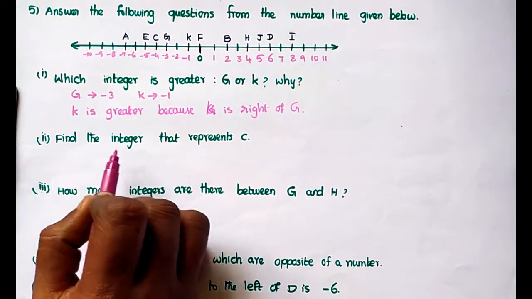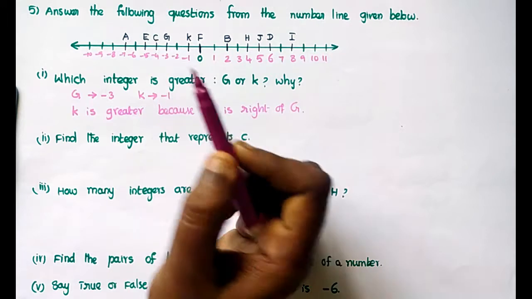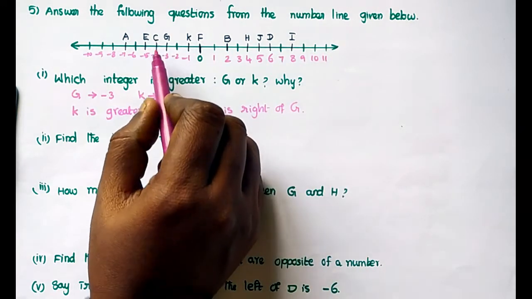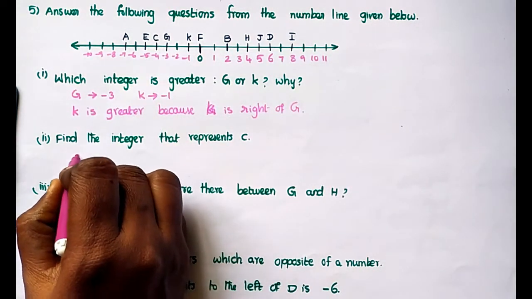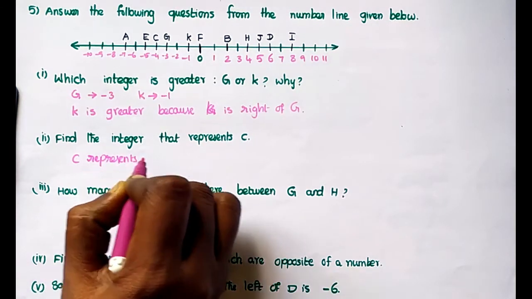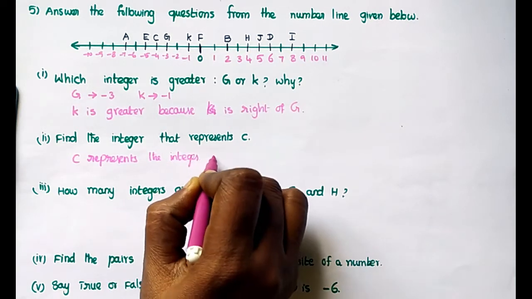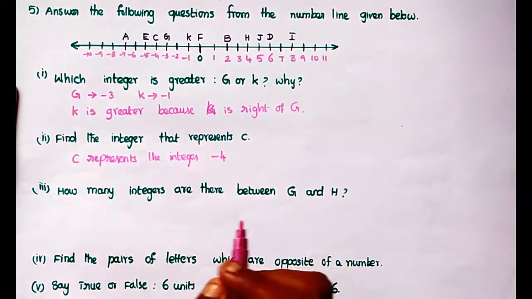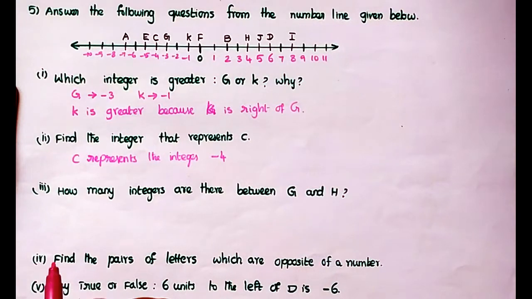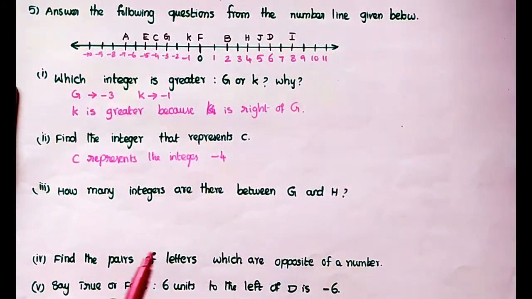Next one, find the integer that represents C. Which integer represents C? That is -4. So C represents the integer -4. Next one, how many integers are there between G and H?